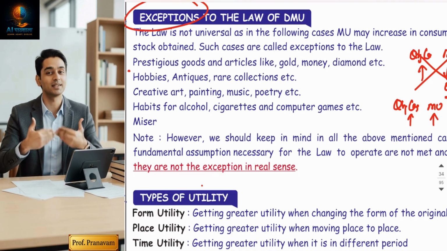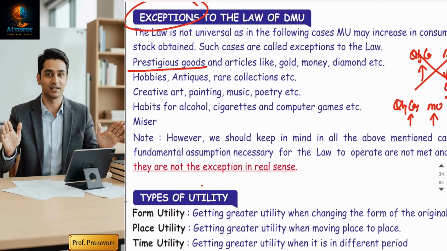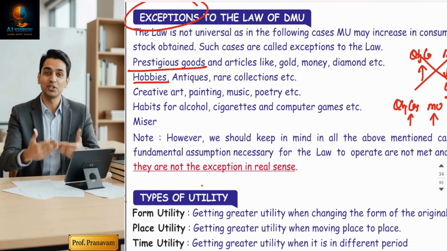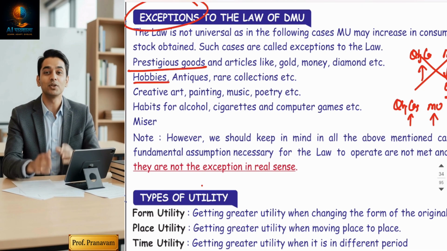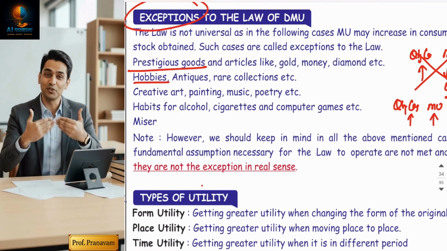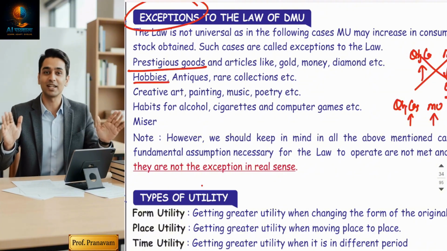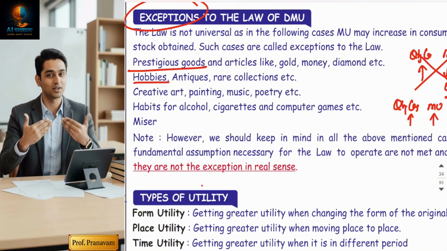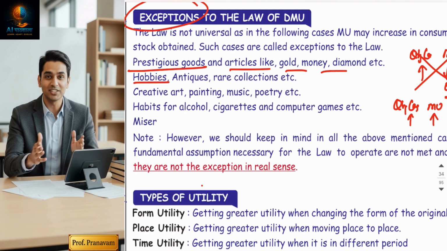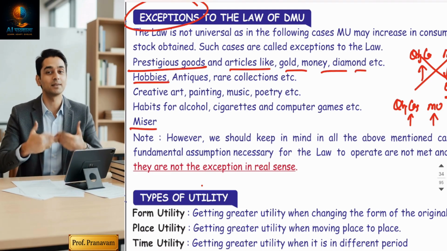Now, that is prestigious goods. Right, hobbies. Yes, if people are habituated to alcohol, cigarettes, gaming, the more and more they use it, the more satisfaction they get. Their satisfaction level never comes to zero. Prestigious goods, articles like gold, money, diamonds. A miser, guys, is never satisfied with his savings.